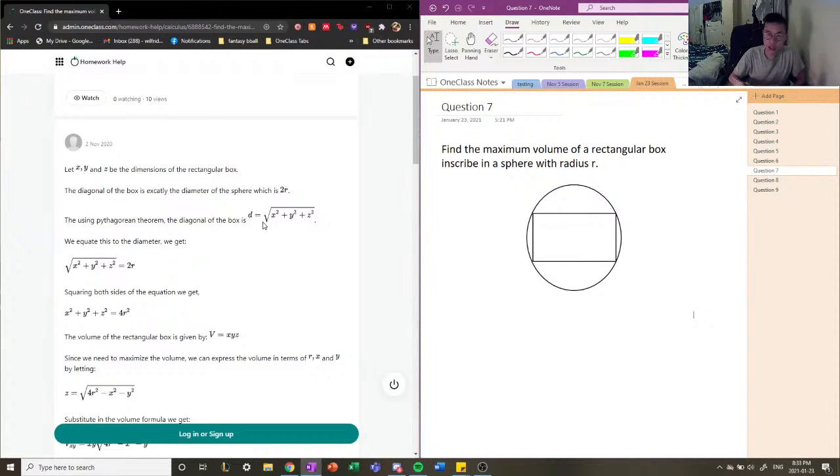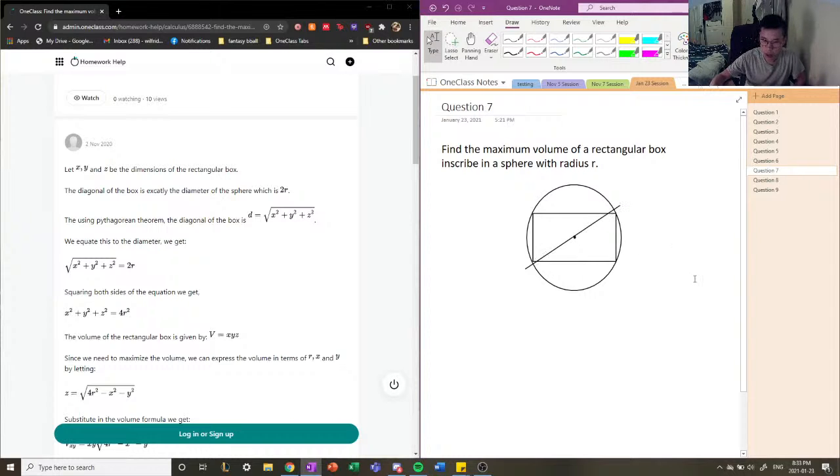So the first thing to note, looking at our 2D diagram here, is that the diameter of the circle is also the diameter of the rectangle if it's inscribed in the circle, or the sphere. Okay, so let me draw out the diameter. Sorry for this really crude drawing.